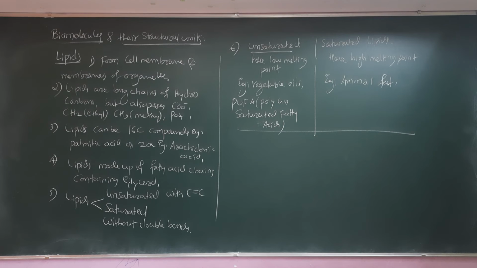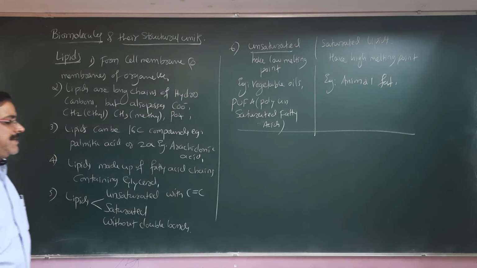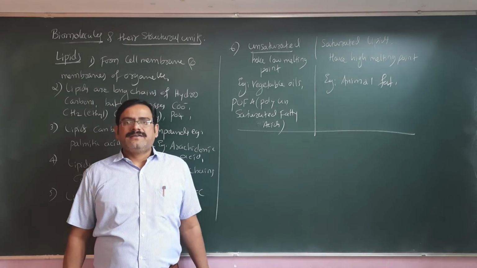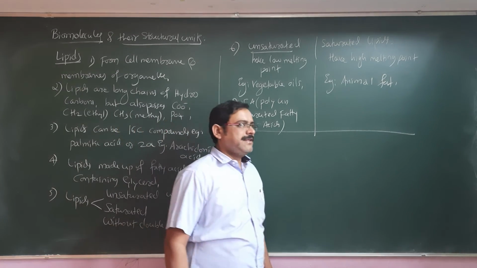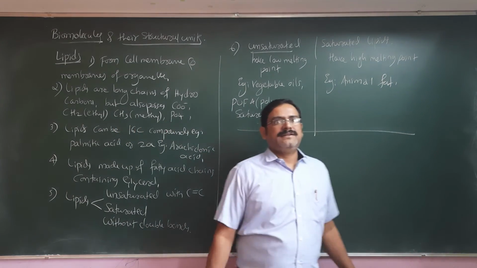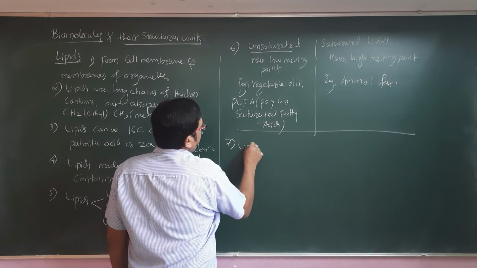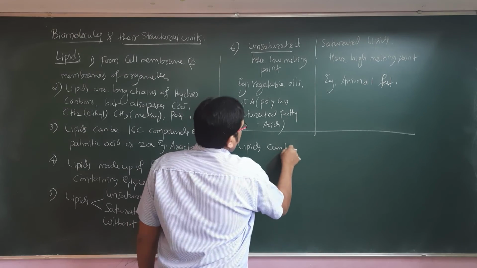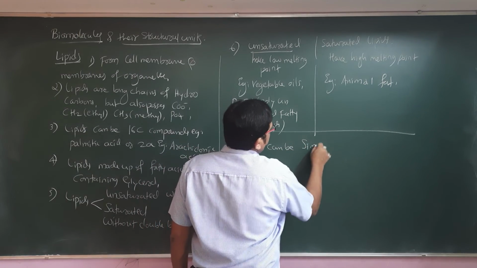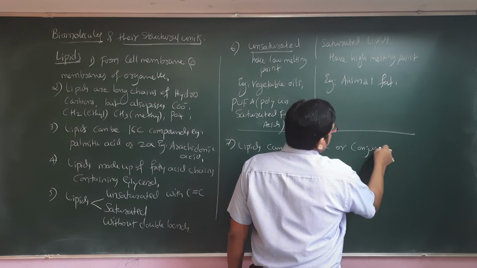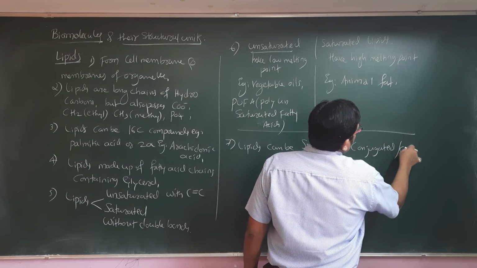Well, this is what we talk about mainly when we talk about fatty acids. The lipids are basically made up of a number of chemicals, and they can be complex. Lipids can be simple, or conjugated, or complex lipids.